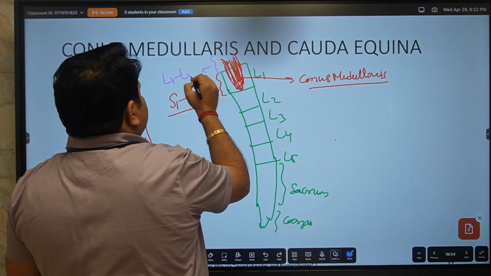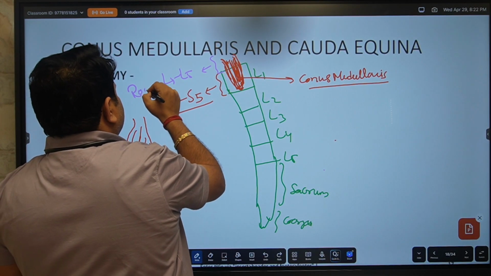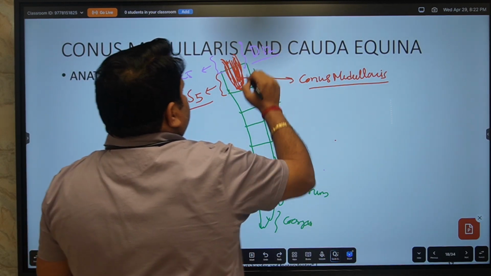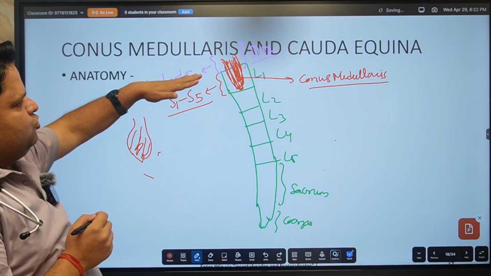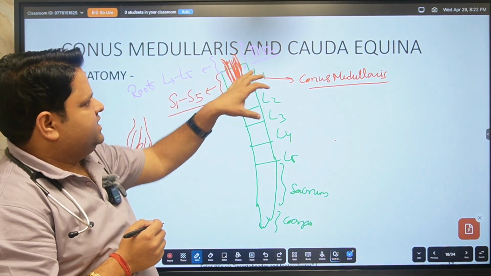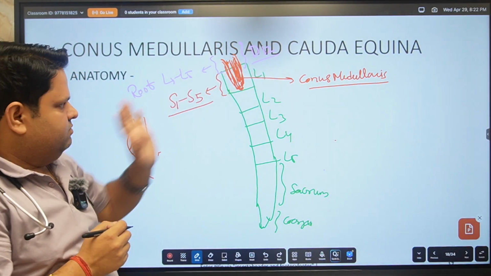L1 to L5 roots arise at the level of D12 of the spinal cord. So L1 to L5 roots arise at the level of D12, and S1 to S5 roots arise at the level of conus medullaris at L1.